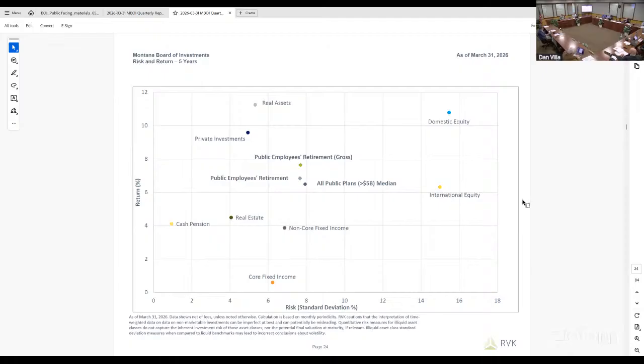All the asset class tools that we have in our structure are the other dots surrounding those diamonds. They all have different roles in the portfolio, but it's just interesting to see where they are.